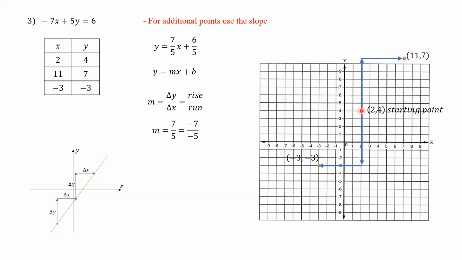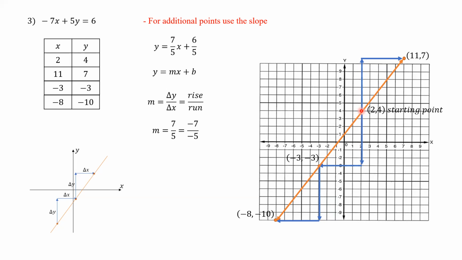And then I will repeat my steps one more time, 7 units down, 5 units to the left. And here is another additional point with coordinates (-8, -10). So I believe that now I have a sufficient number of points to graph my line. I'm going to connect them with a straight line, and here is my graph.